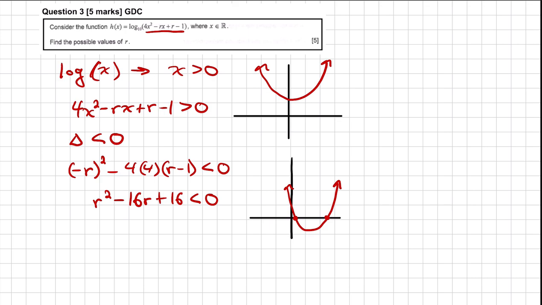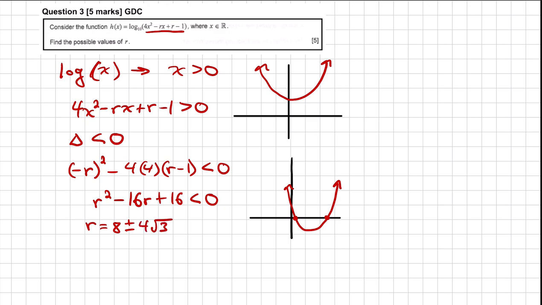You could do this with your GDC, or you could do this with your quadratic formula, either way, to find those x-axis intercepts. If you were to do this with the quadratic formula, you would find that your quadratic is equal to 0 when r equals 8 plus or minus 4 root 3.